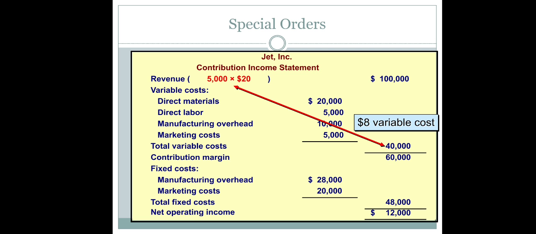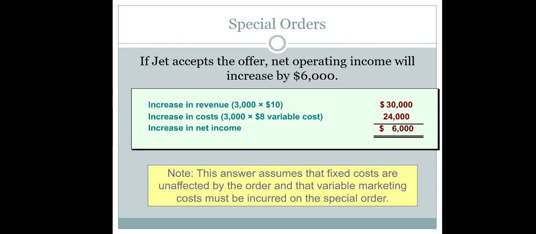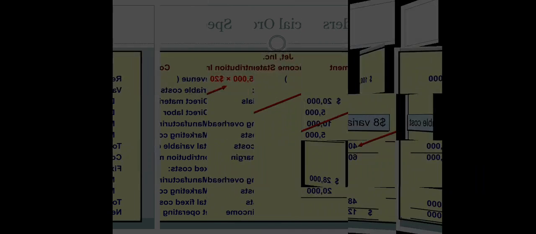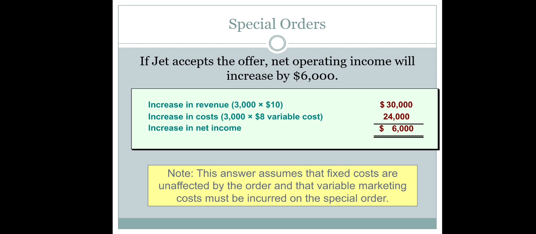Okay, so let's see the additional information. Maybe there is other additional information. No. So now you can remember that the unit variable cost is $8 per unit. So how do we decide whether to accept or reject the special order? The decision is simple.